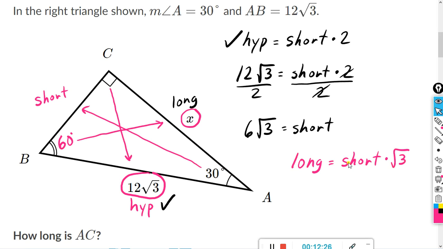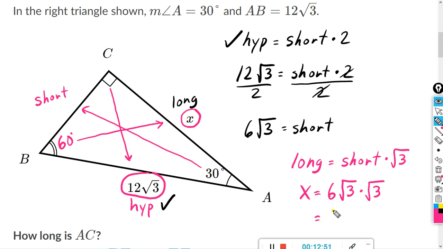So now we're going to use the other formula for the 30, 60, 90. Long is short times radical 3. So the long leg, we have an X. For the short leg, we have 6 radical 3. And that's times radical 3.